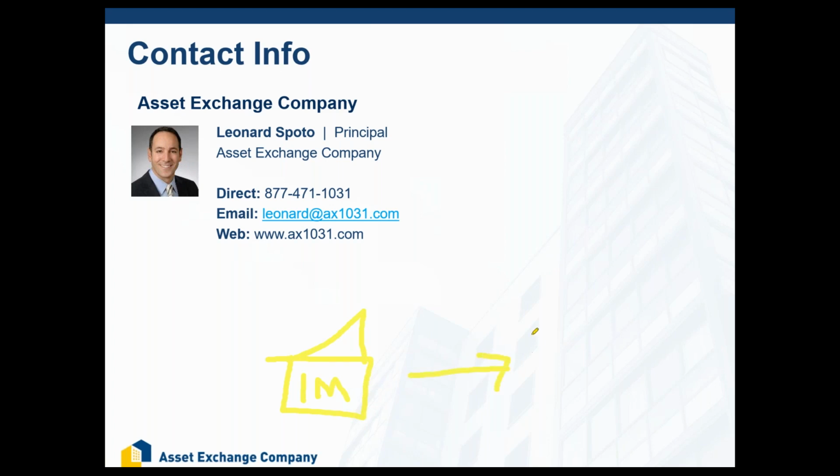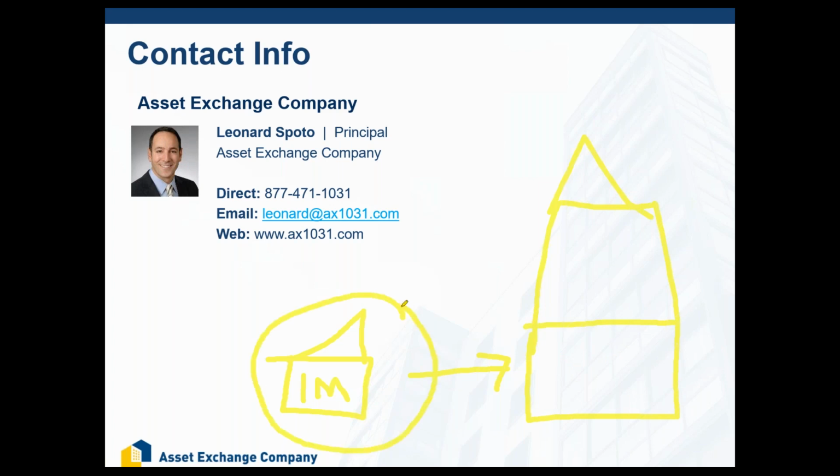You want to do an exchange into a 2-unit building and you want to live in one of the units. That is absolutely fine, but you have to replace the value of your investment property with another investment property equal or greater in value. So you buy a duplex, the unit you rent out must be worth $1 million.